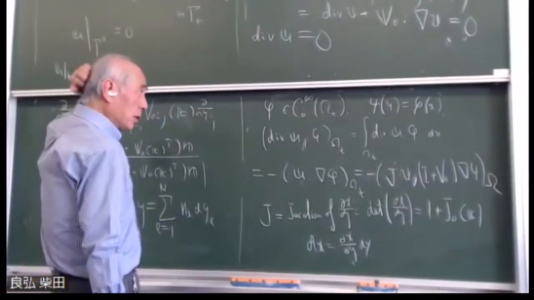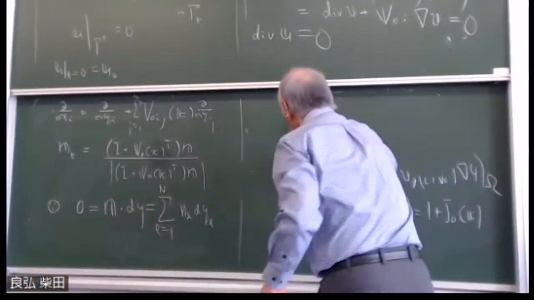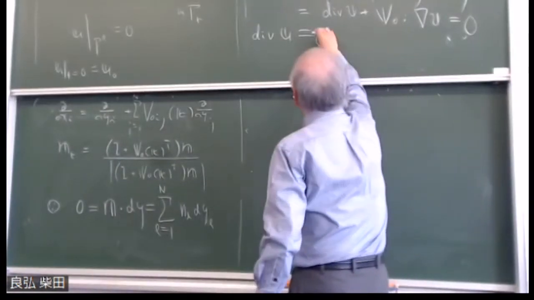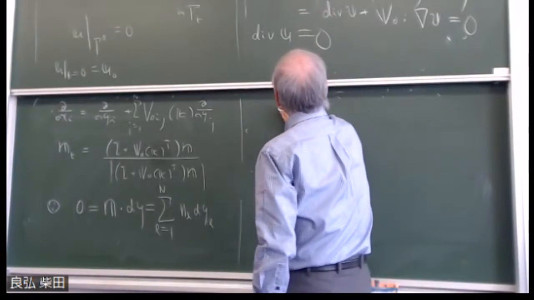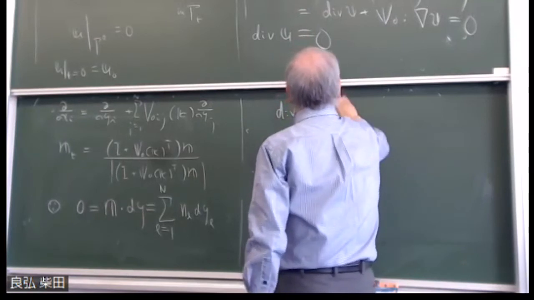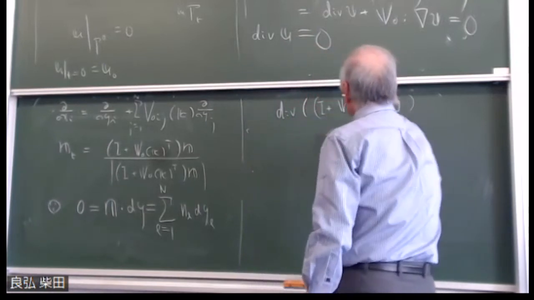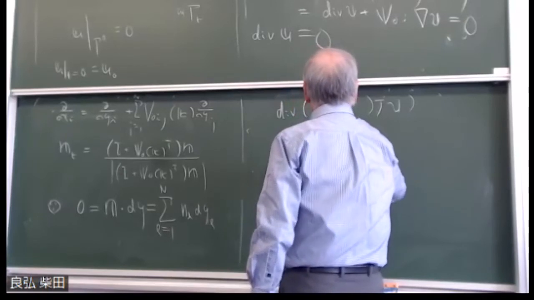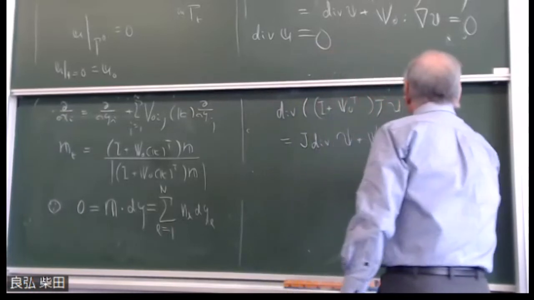The divergence free condition is written as follows. Multiplying by J, the divergence free condition is div of I plus b0 transpose J v, equal to J times divergence v plus b0, is equal to 0.